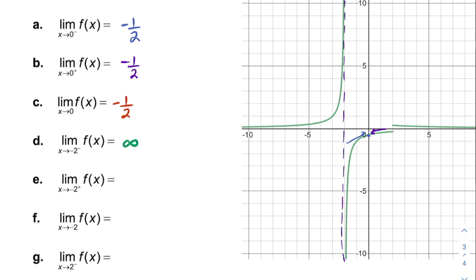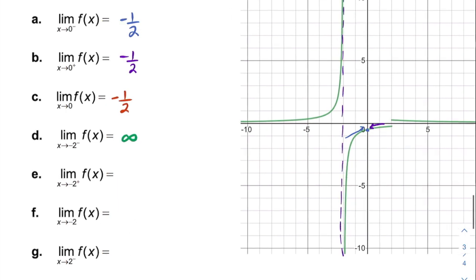As I get closer and closer to -2, the value will just get larger and larger. As I look from the right side, I follow my graph, maybe start at 0, and then it shoots downward toward negative infinity. It keeps growing as we get inch closer and closer to -2 from the right. So this would equal negative infinity from the right.